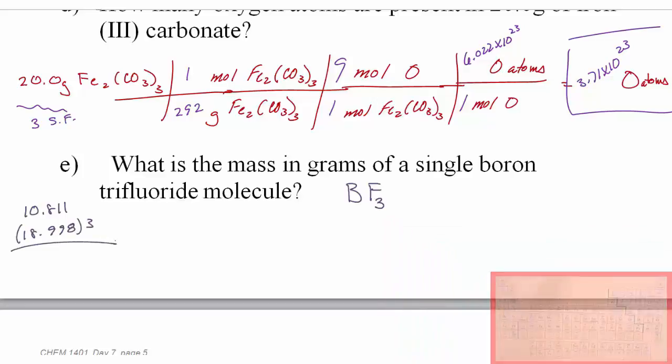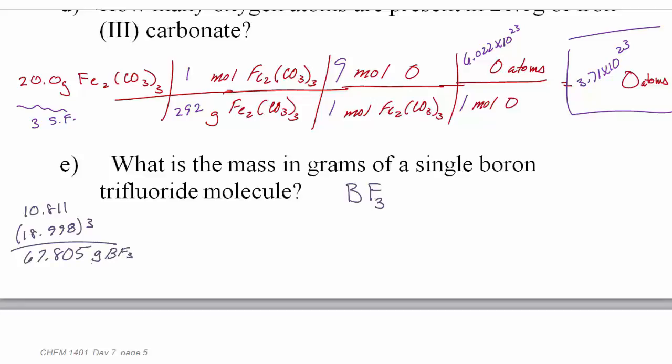So my molar mass of boron trifluoride is 10.811 plus 3 times 18.998. I get about 67.805 grams of boron trifluoride per mole of boron trifluoride.